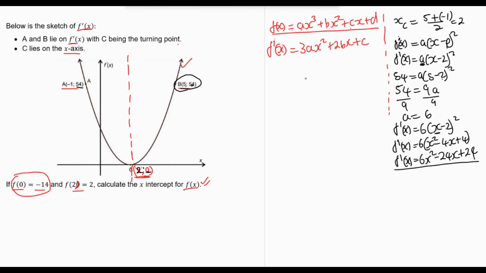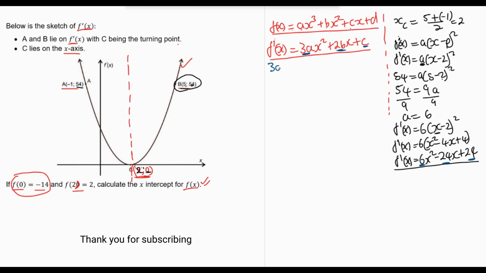Now, if we compare these two, using inspection, we can see that 3a is equal to 6, and then 2b is equal to negative 24, and then c is equal to positive 24. Okay, let's just do that.